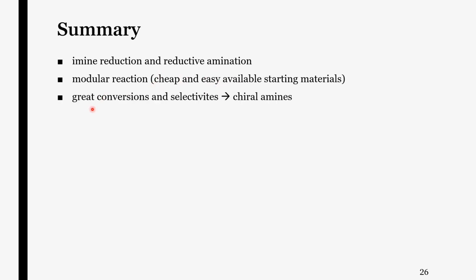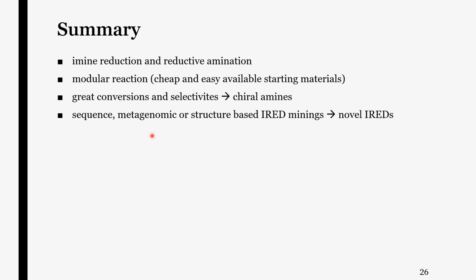Then compared to other enzymes, they have a rather high conversion and enantiomer selectivity, also leading to chiral amine products. And there are a lot of different kinds of papers reported that used sequence-based, metagenomic or structure-based IRED binding to detect new imine reductases.